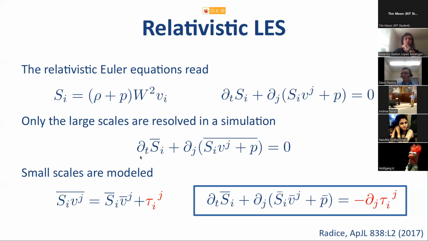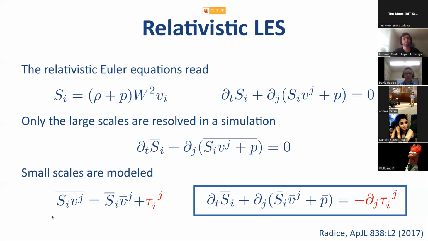If these equations were linear, then the only thing that we are doing is averaging the equations over some small volume, and then we would solve the equations for the average quantities, and that would be the end of the story. Fortunately for us, the equations of relativistic hydrodynamics are non-linear, which means they're interesting. And so what happens is when you apply a coarse graining operation, a linear filter, you end up with terms that you cannot write in terms of only coarse grained quantities.